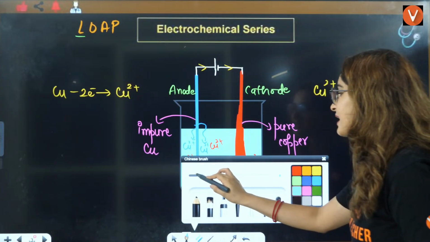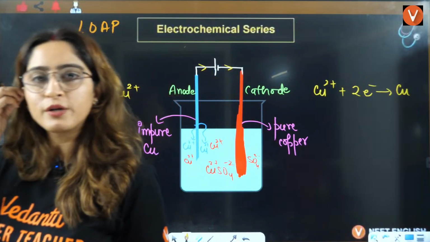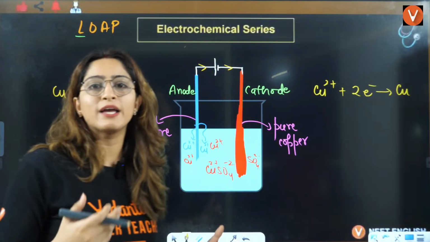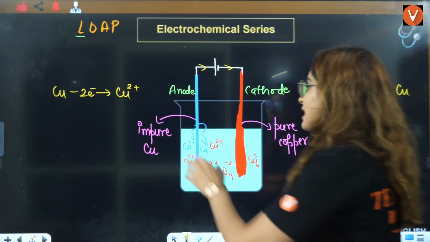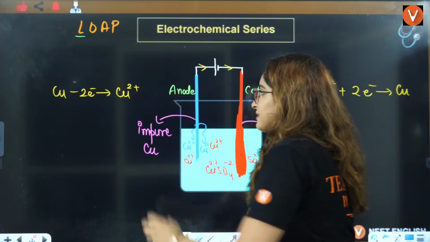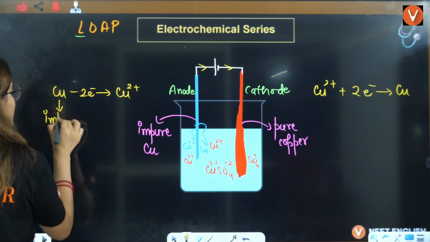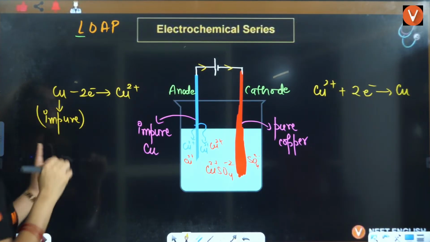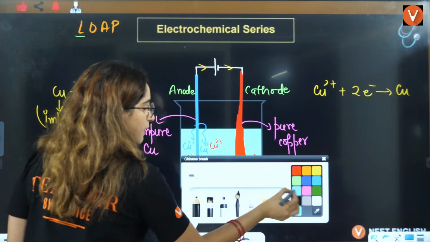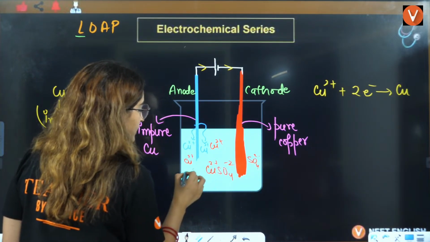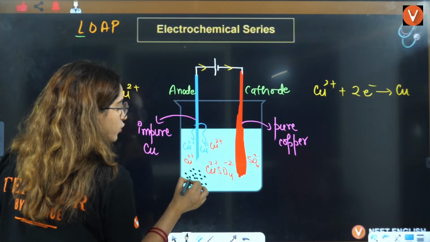Now, on the refining of copper by using the electrolysis method, what is happening here? This particular copper is impure. It is losing the electrons, and it is also losing some impurities. Here you will have impurities that are called anode mud.